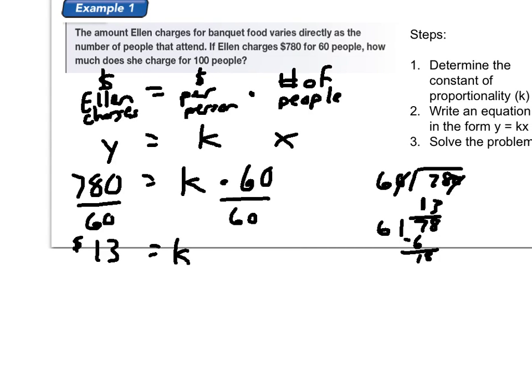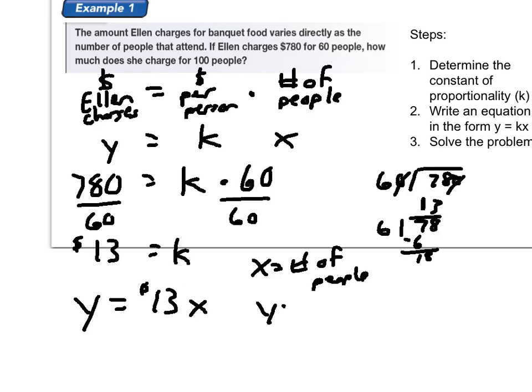Now I'm just going to say that my y is going to equal $13 times x. That's my equation. And again, x is the number of people, and y is the money that Ellen charges.